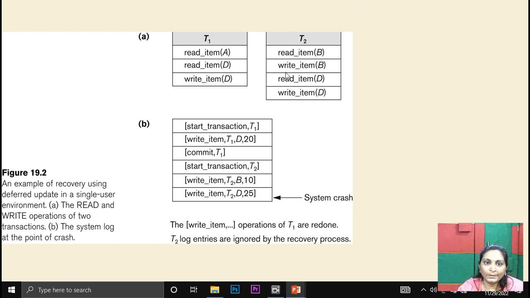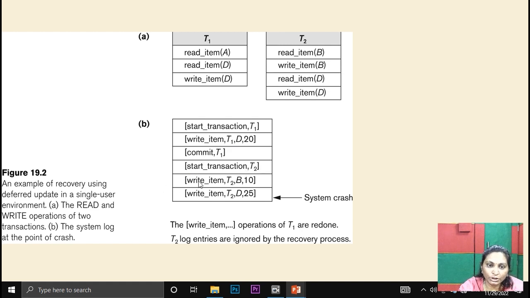Transaction T1 reads atom A, reads atom D and writes atom D to the database. Transaction T2 reads atom B, writes atom B, reads atom D and writes atom D. The transaction starts T1, write atom T1 D 20, and now commit transaction T1. Now the value of D is 20.